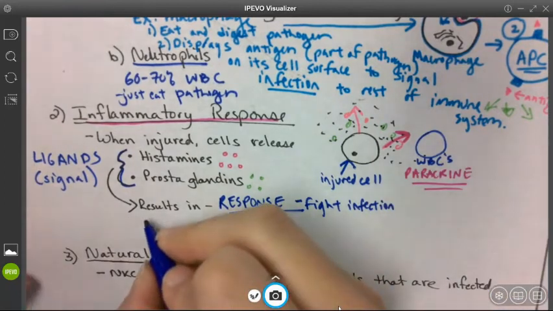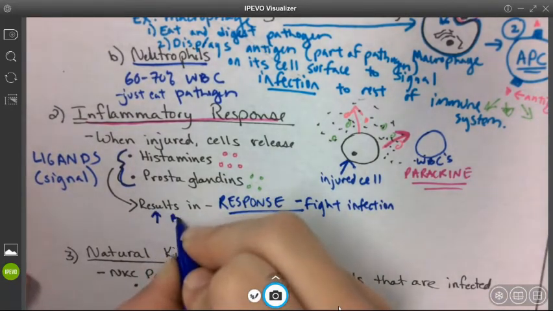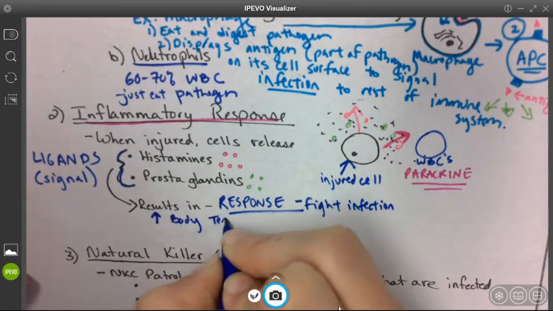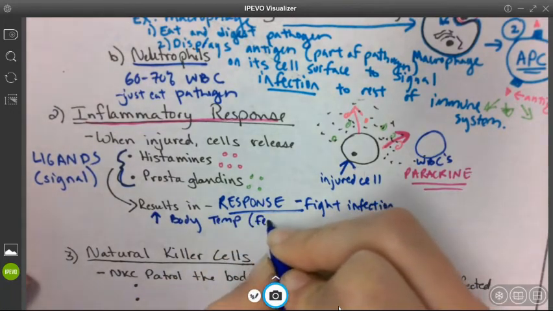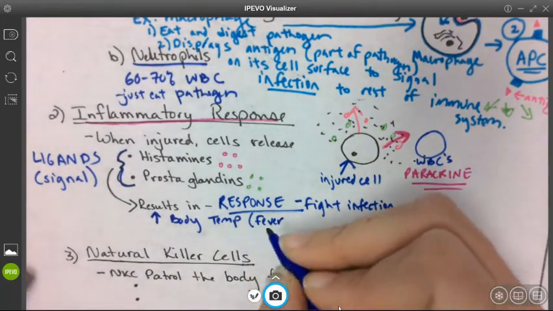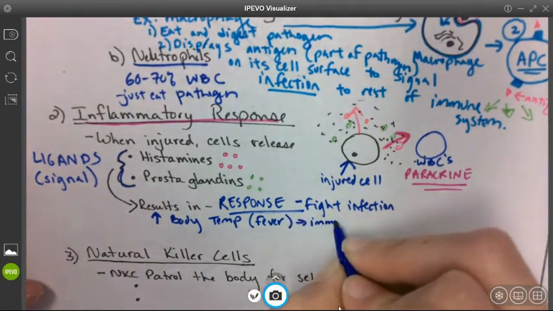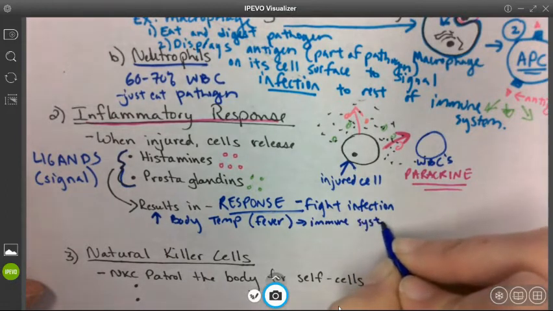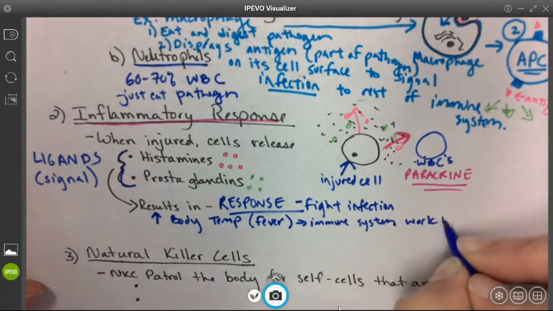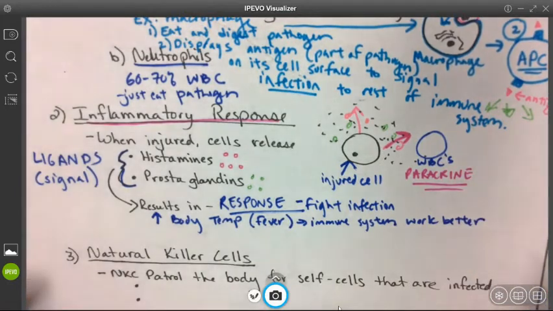What it really does is it causes an increase in body temperature, which you might think of as a fever or a hot area of your body. This actually helps your immune system work better. So fevers aren't all bad.